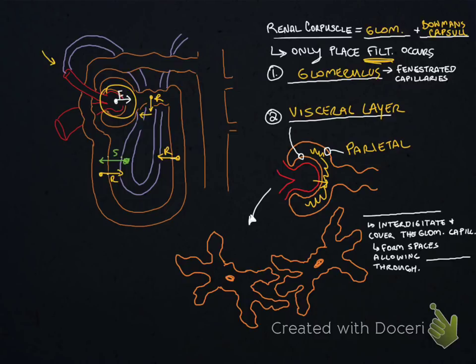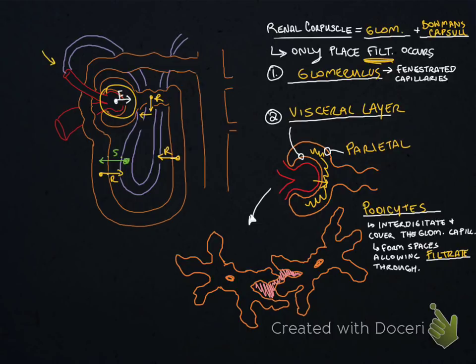So on top of the capillaries are these cells called podocytes. In this picture, I have these funky looking cells called podocytes. They interdigitate to cover the glomerular capillaries, and they form spaces allowing filtrate through.